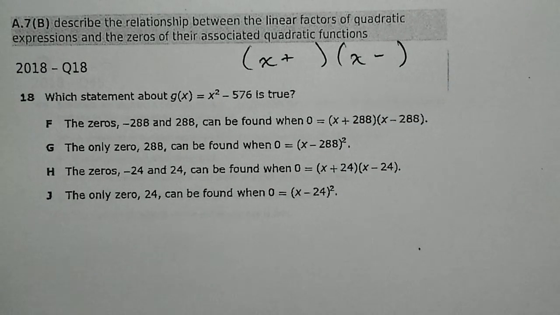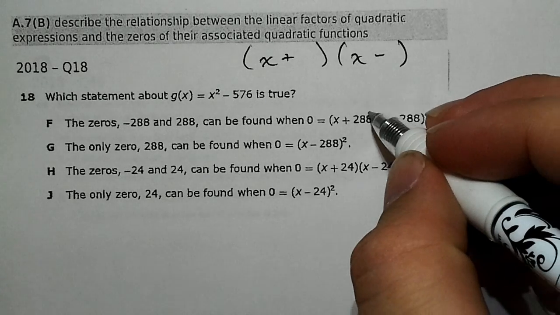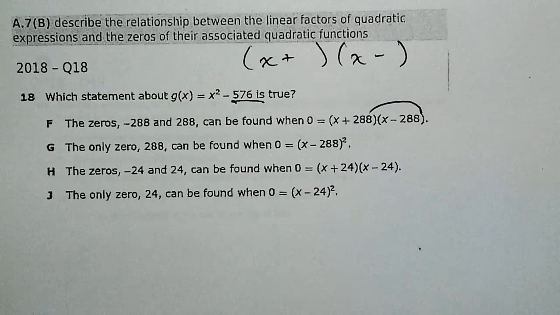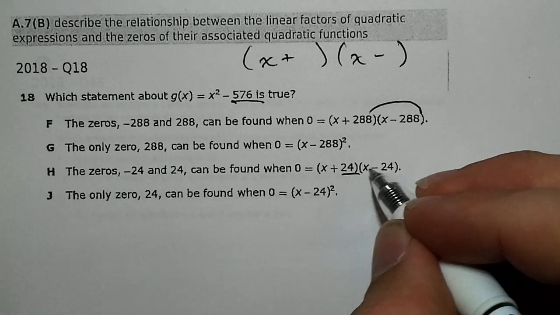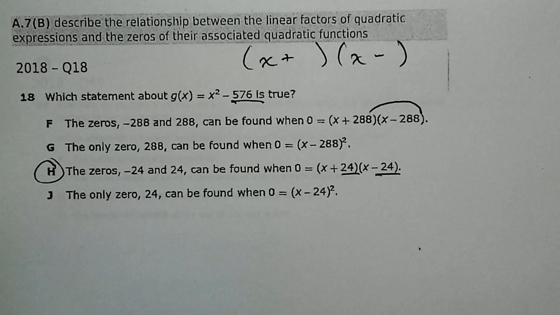Now, when you use FOIL, you don't add, you multiply. So, if I multiplied 288 times 288, the only way I would get that is if multiplying those, I would get 576, and I don't get that by multiplying. I get a far bigger number. When you do 24 times a -24, you get 576. H.